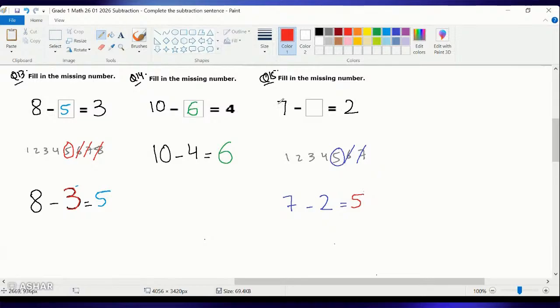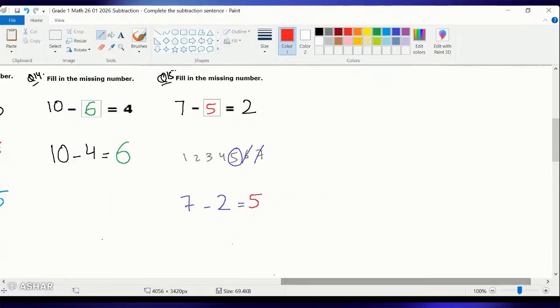Then 7 minus 5 should be equal to 2. Thank you. So now we know that if we subtract 7 minus 5, we get 2 as the answer, or if we subtract 7 minus 2, it should be 5.